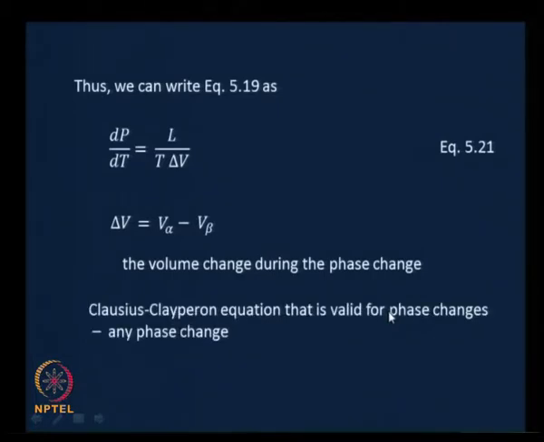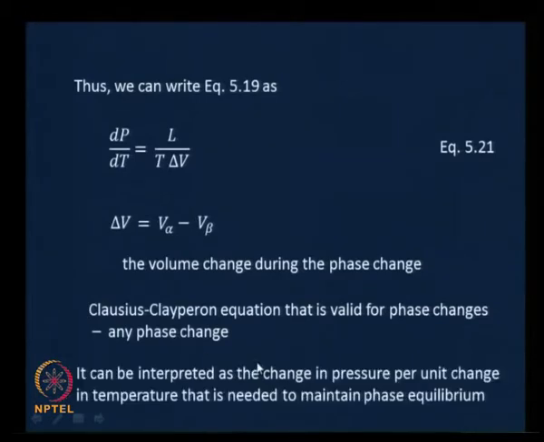This equation is called the Clausius-Clapeyron equation, and this is valid for phase changes as we had seen, because those were the conditions under which we derived it. We had assumed equilibrium conditions for a phase change and reversible conditions for a phase change and derived this, and this is valid for any phase change.